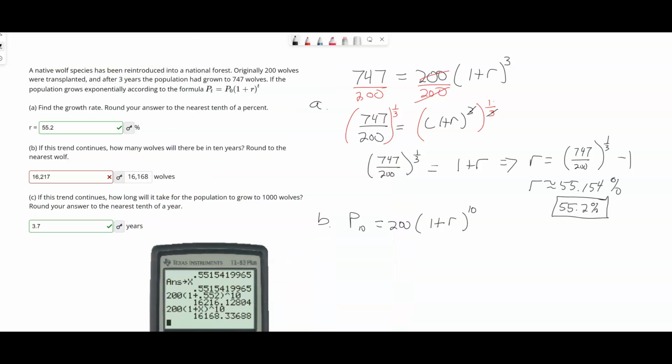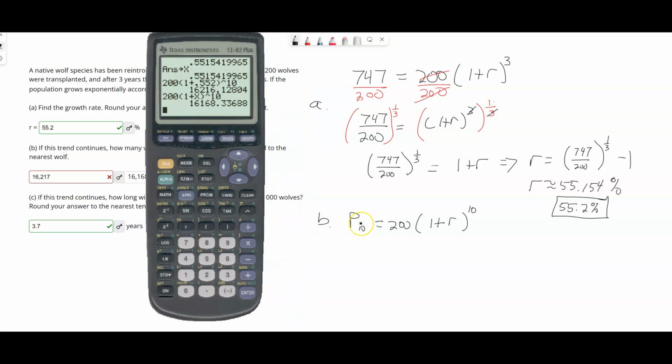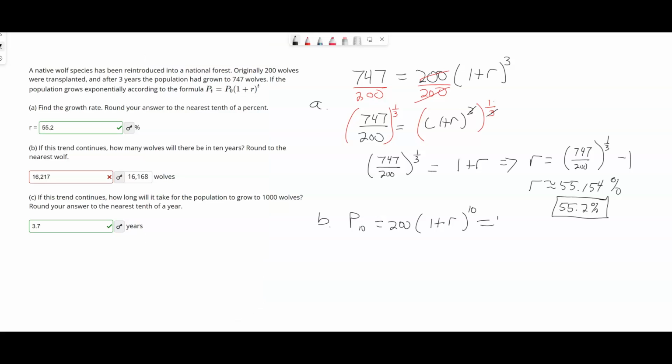All right, last question. If this trend continues, how long will it take for the population to grow to 1,000 wolves? Round to the nearest tenth of a year. So for part C, for part B, this was 16,168 wolves. Part C, when will it be 1,000 wolves?